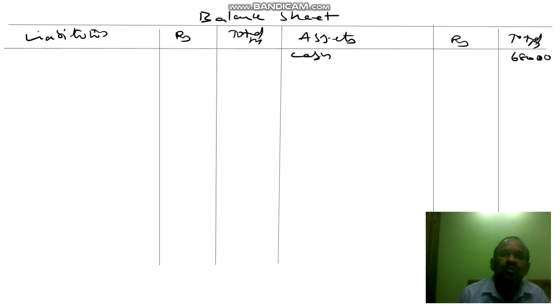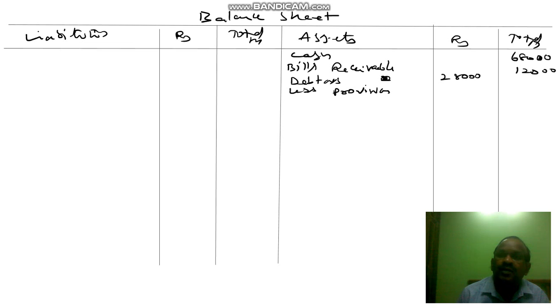Next, bills receivable is 12,000. Debtors is 28,000 less provision 1,300, so that is 26,700.